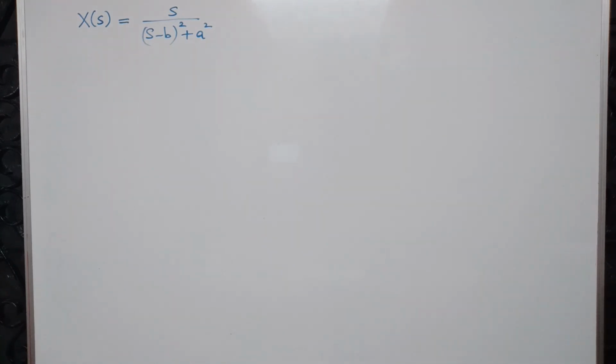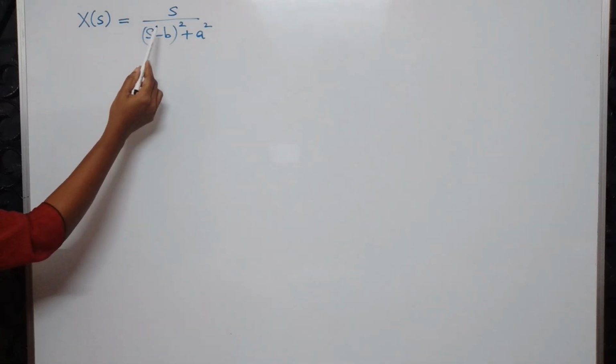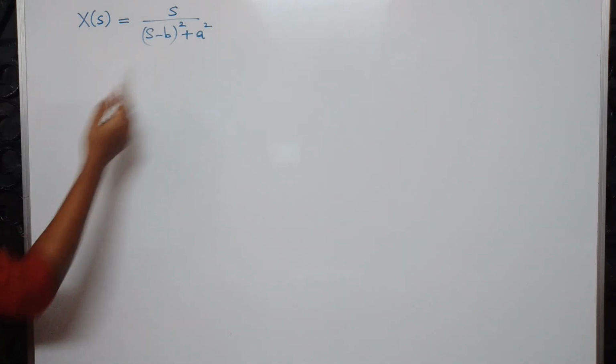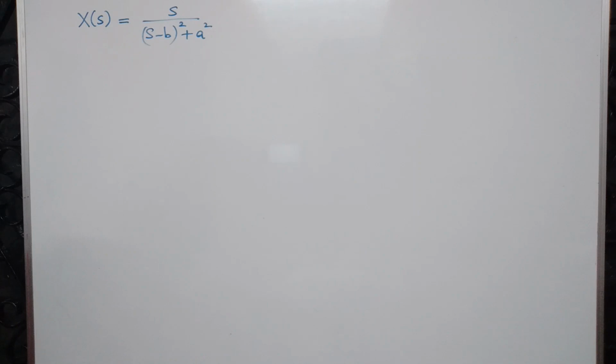So whenever we get a function, to find its inverse, our first step is you should identify the standard results which are somehow related to this given function. Now here it is given as s by (s minus b) the whole square plus a square.